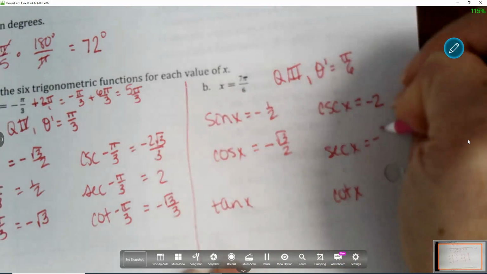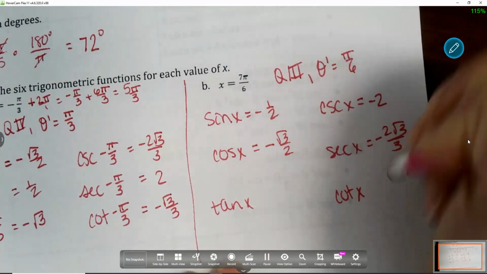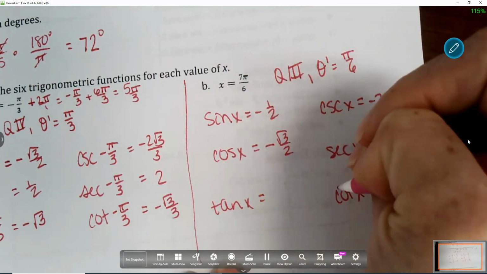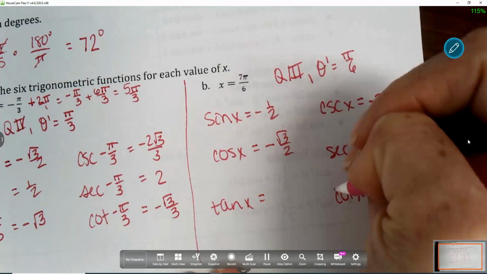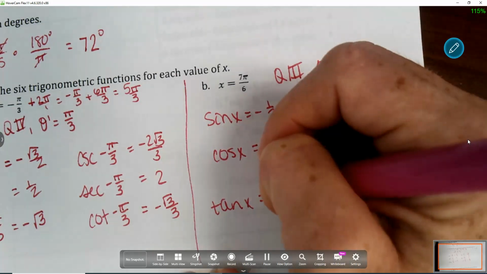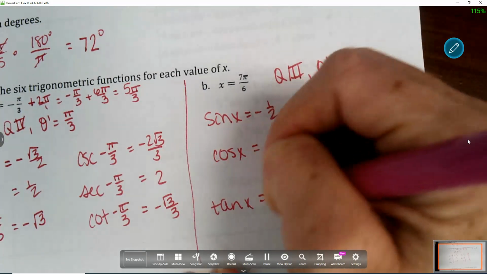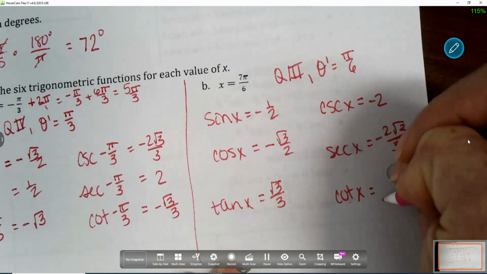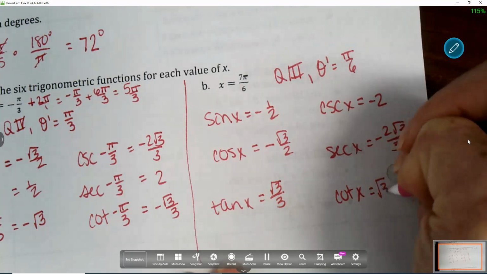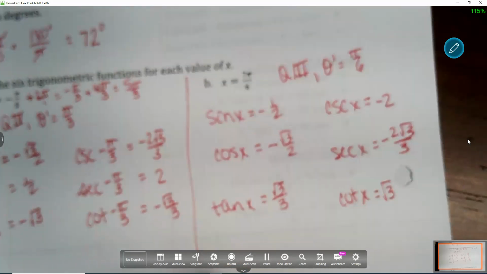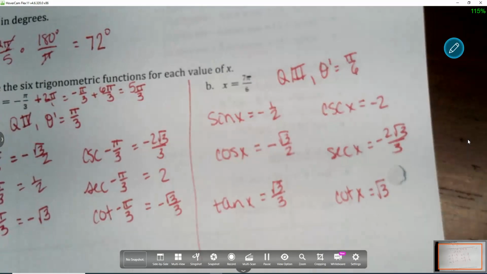So secant is negative 2 radical 3 over 3. Tangent is positive in quadrant 3. Tangent of pi over 6. So cotangent would be? Yep. 3 over the square root of 3, which would reduce to that.